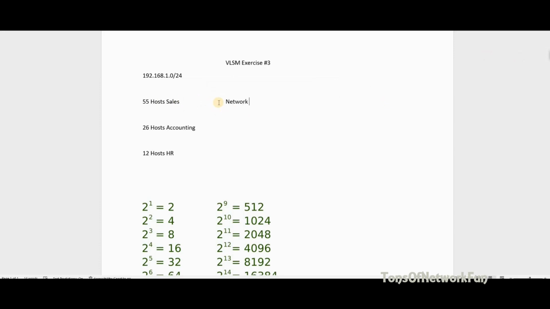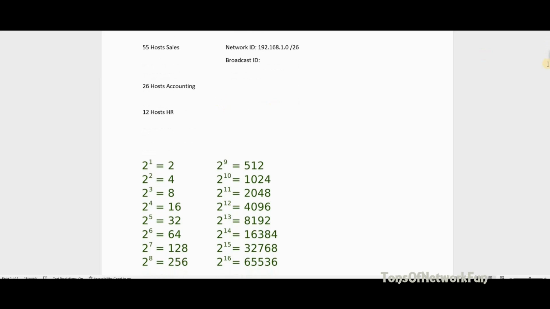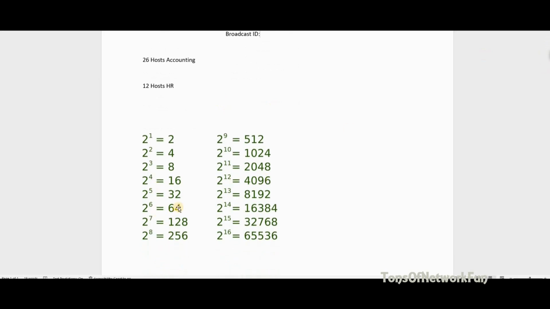Network ID 192.168.1.0 and the new slash value is /26. Now the broadcast ID. So we know that our block size is going to be 64, but we cannot use the entire 64. We have to minus 1.